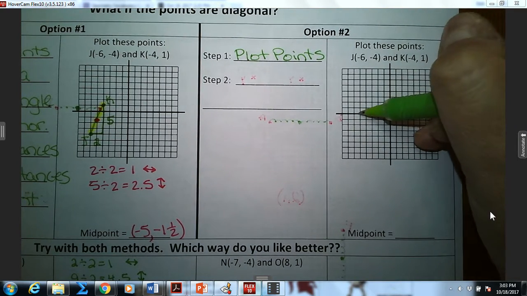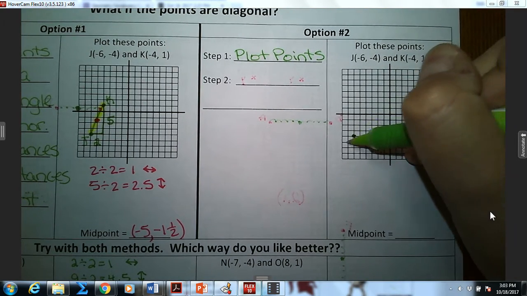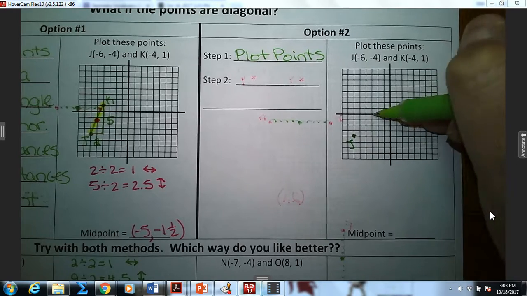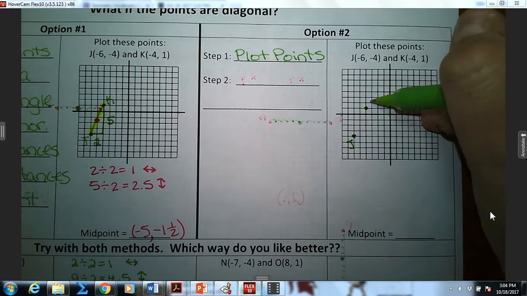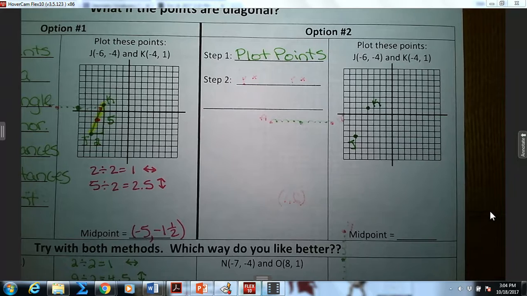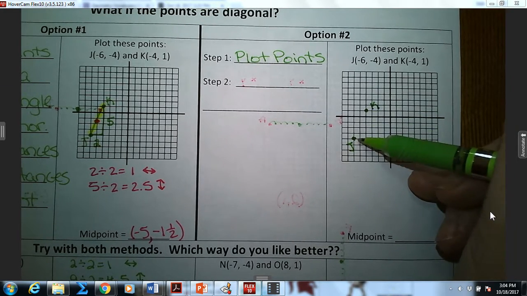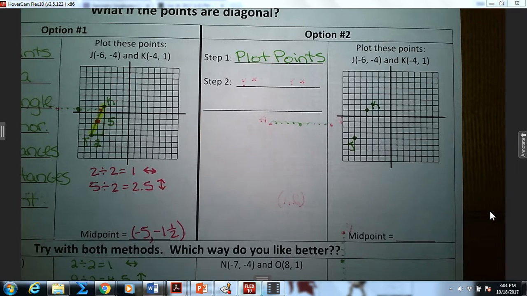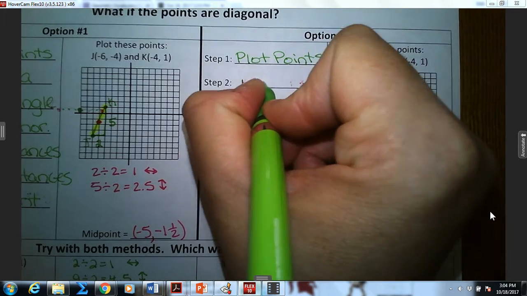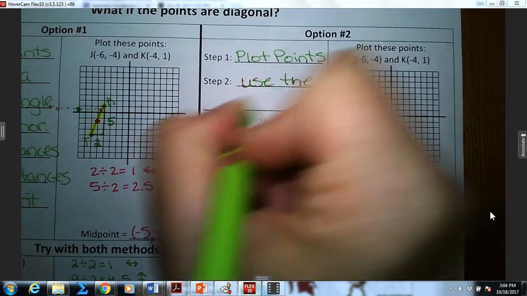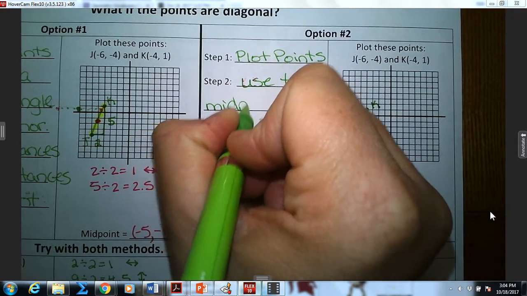So -6, -4 is J, -4, +1 is K. I'm trying to find a midway point between J and K. So step 2 is use the midpoint formula.